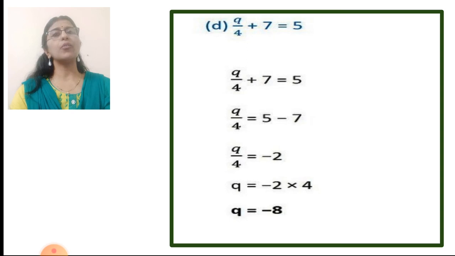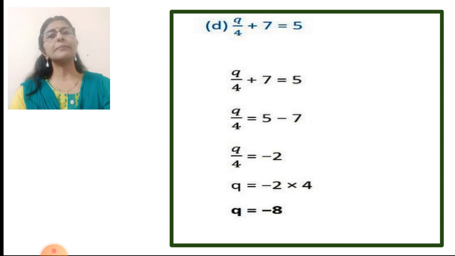Now to get only q on the left hand side, we will have to multiply again, because q is divided by 4 here. So we'll have to multiply by 4 on both sides of the equation. So it will be q upon 4 into 4. If you want, you can add one more step: q upon 4 multiplied by 4 is equal to minus 2 multiplied by 4.